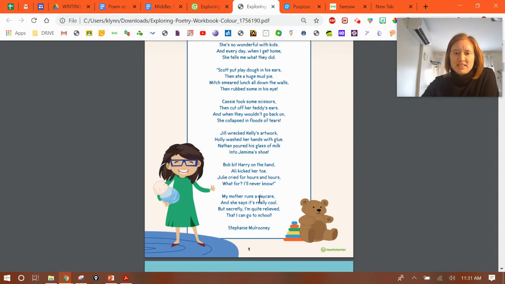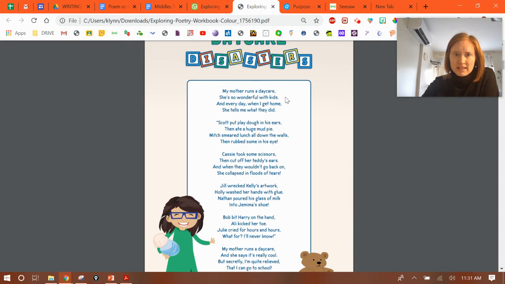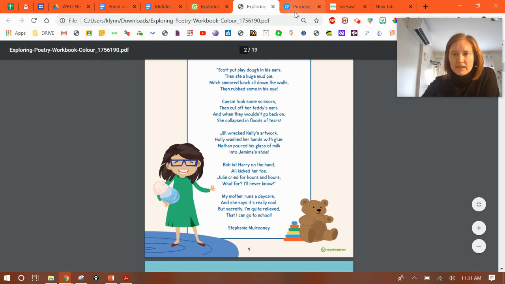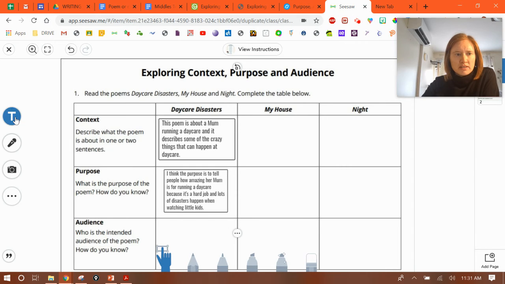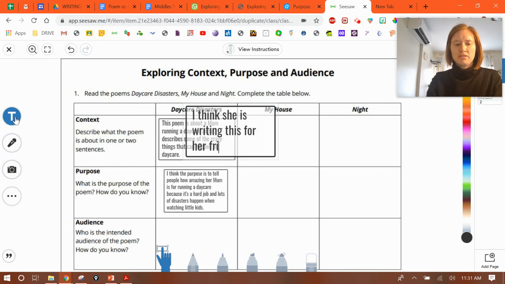I would say the audience is probably, she's talking about her mother running a daycare. "She's wonderful with kids. Every day she gets home, she tells me what they did. My mother runs a daycare. She says it's really cool, but secretly I'm quite relieved that I can go to school." I think she is writing this for her friends and family.